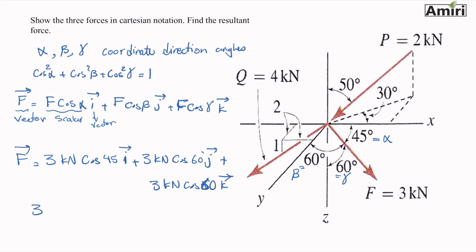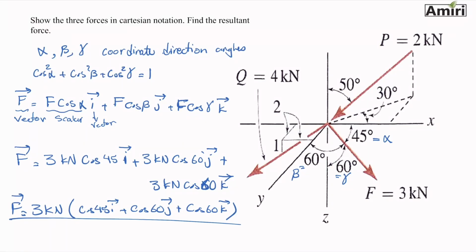Another way of writing it, you could just write the 3 kilonewtons out and say cosine 45 i, cosine 60 j, cosine 60 k. All right, this is our vector F. We'll get back to this later.